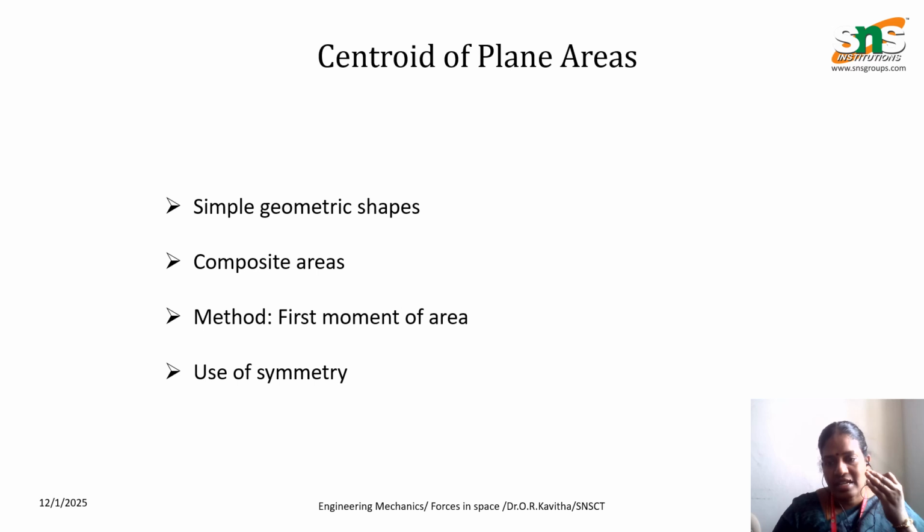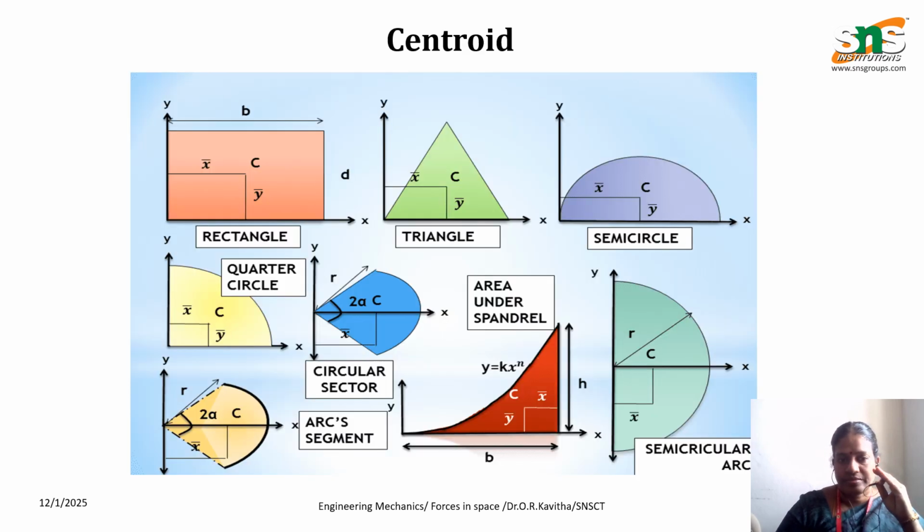First, we will see the centroid of plane areas, and the composite areas, what the method is, and the use of symmetry. Now you can see the centroid of simple shapes.